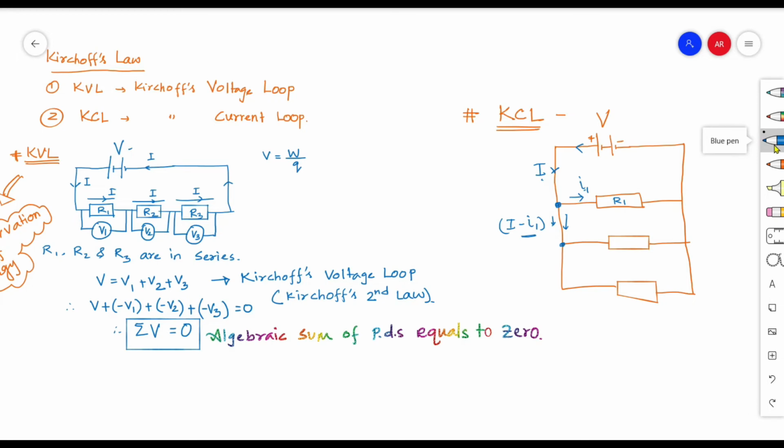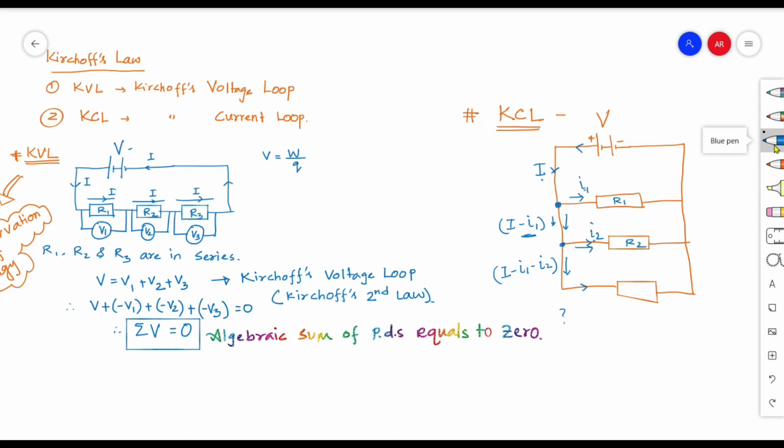It again splits up. Some current I2 is flowing through this R2 resistor, and the rest of the current, which is I minus I1 minus I2, is left out and it now has to flow through this R3 resistance because there are no other branches.